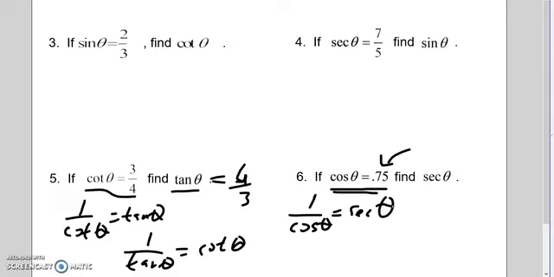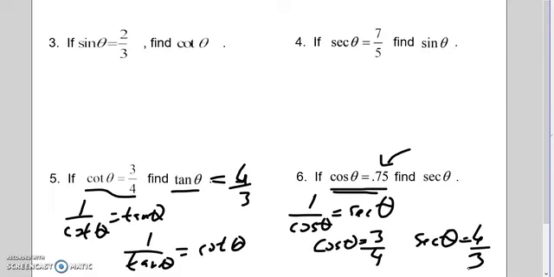You could use a calculator and plug that in and get the inverse, or I know that 0.75 is the same as writing 3 over 4. So cosine of theta is 3 over 4. Then the secant of theta is going to be the reciprocal of that, or 4/3. So I'm done with that. Okay, now let's do the harder ones, which are up there.